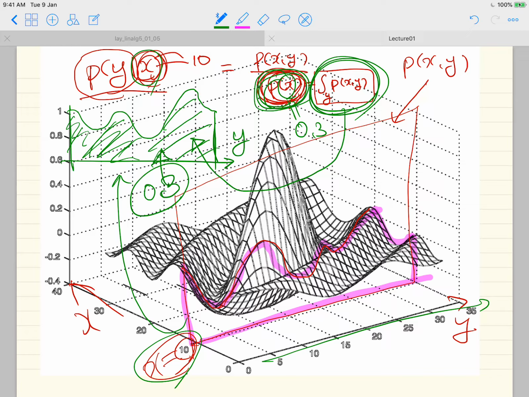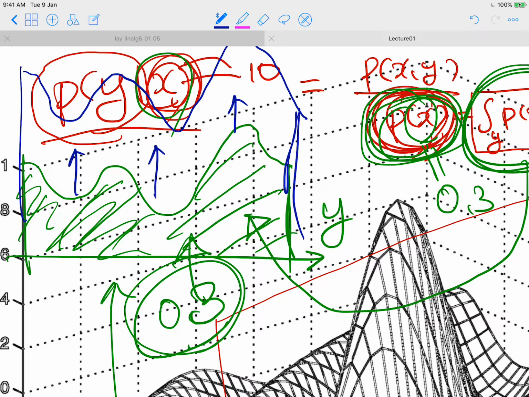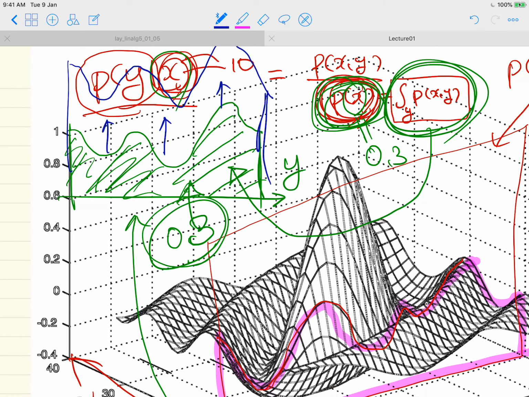So we divide by this area, 0.3, and then we just boost this curve vertically so that the area under this curve is equal to 1. So it's the same shape, something like this. This is the intuitive understanding of this conditional distribution.